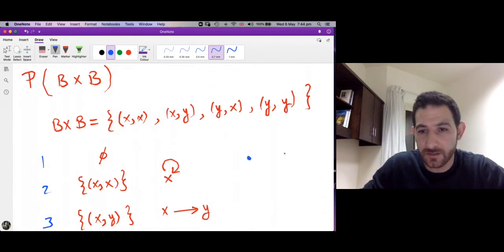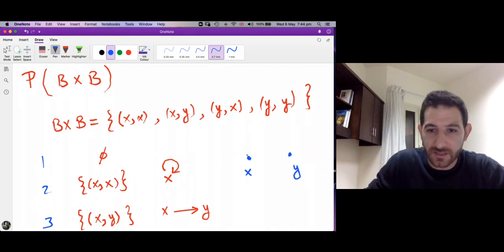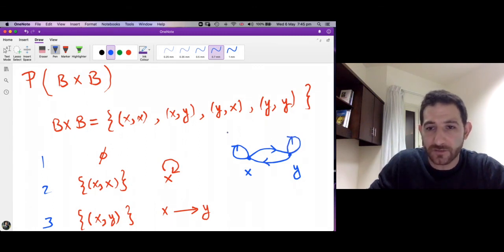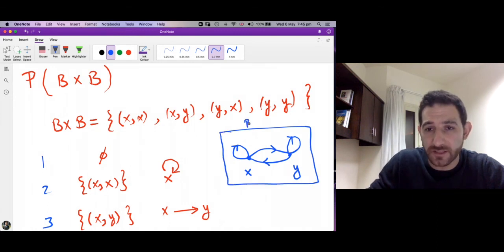If this is X and this is Y, XX means X is related to itself, XY, X is related to Y, YX, Y is related to X, and finally YY means Y is related to itself. So this diagram is the full relation, B cross B.